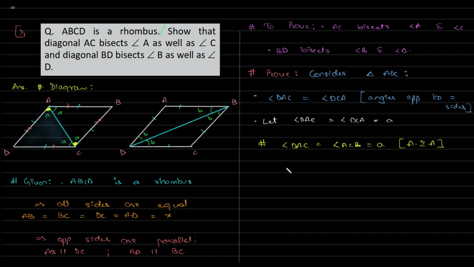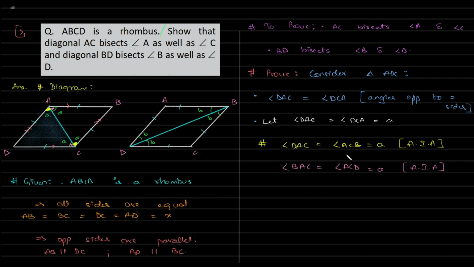Now similarly, these two angles, BAC and angle ACD, both of them are equal to A, and they are alternate interior angles too. We have written the reason that these sides are parallel and everything.